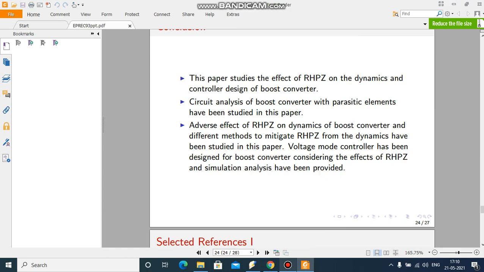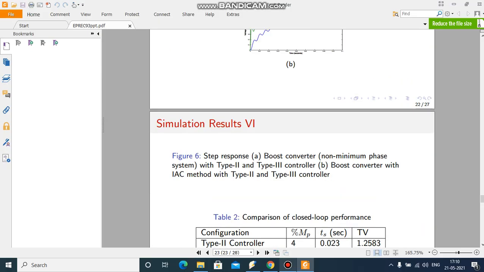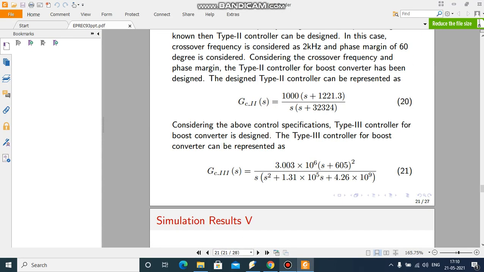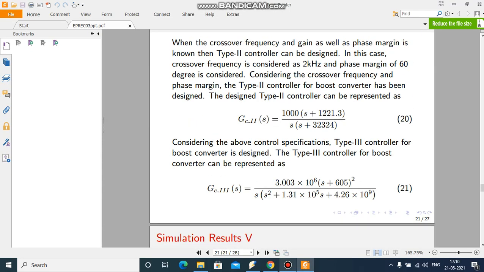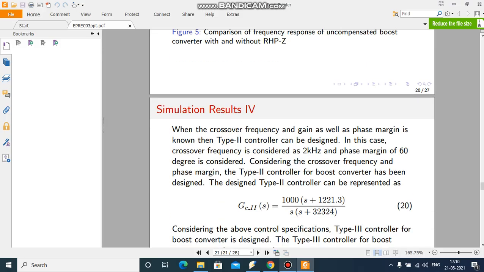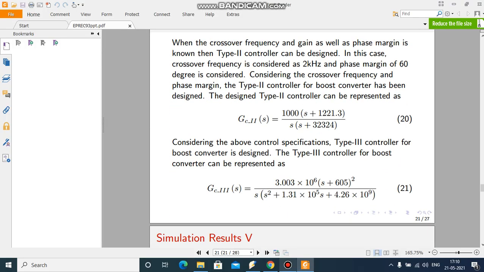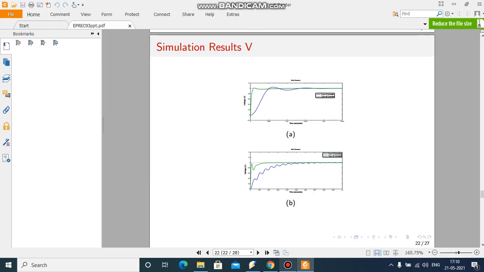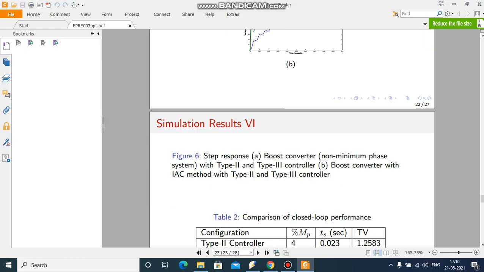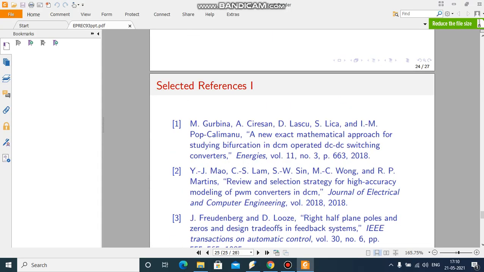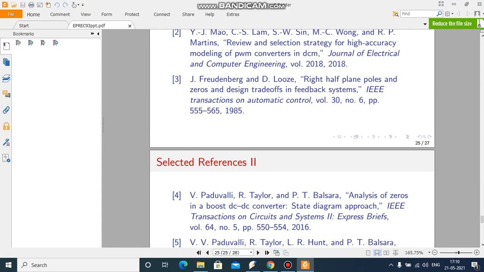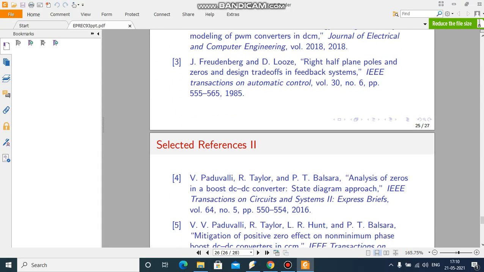We have also provided the best mitigation technique. We have provided the IAC method and the type 2 controller as well as the type 3 controller. This is for the boost converter, and these are some of the selected references of the same.